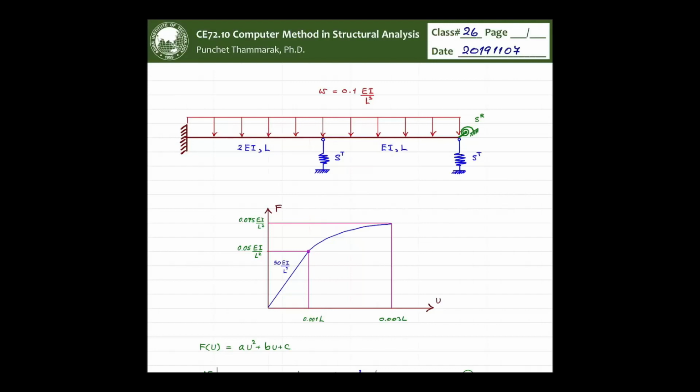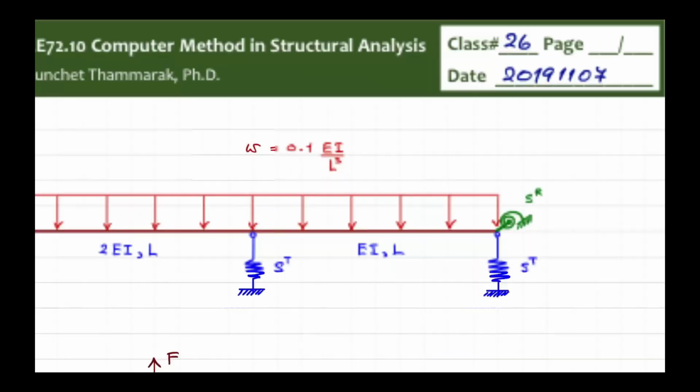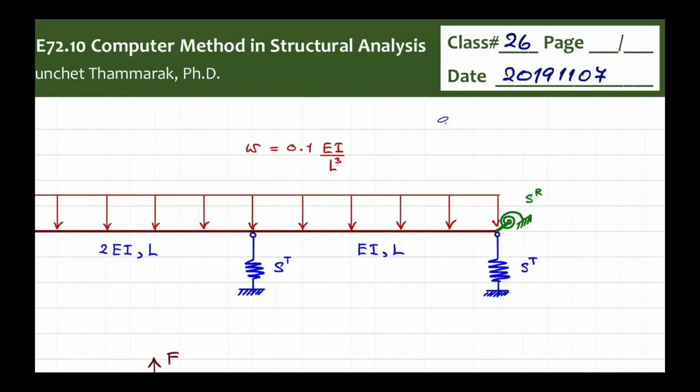Normally, if it is a fixed support without spring, without anything, it's WL square over 12. This is 2L, so W 4L square over 12. So let me scratch 0.1 L, which is 4, W 4L square over 12.